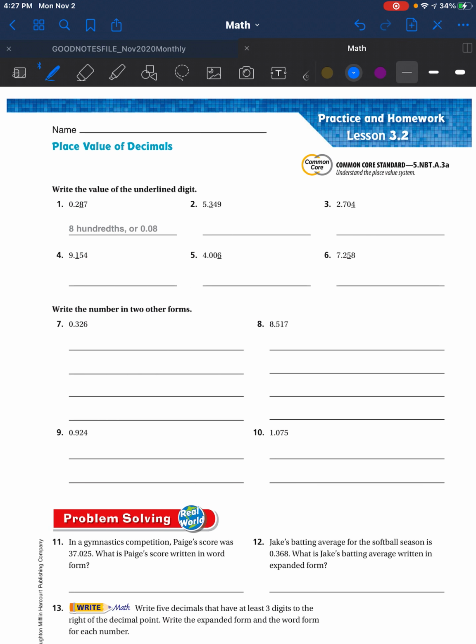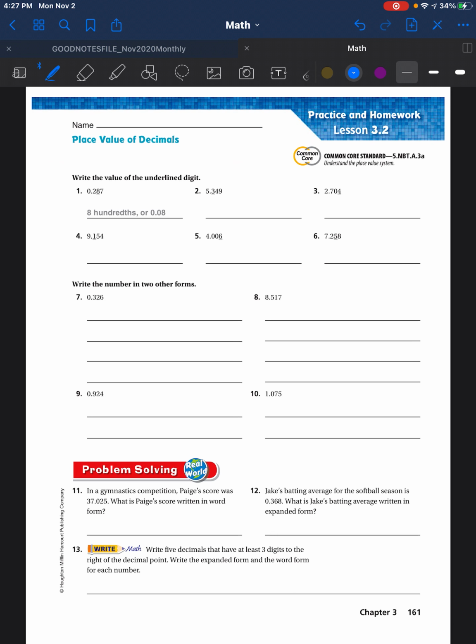So let's go ahead and look at your homework. Your homework is page 161. I asked you to do a couple problems here, and I just want to make sure I'm telling you the same problems as I have in our agenda. You're going to do problems 1 through 12 all.